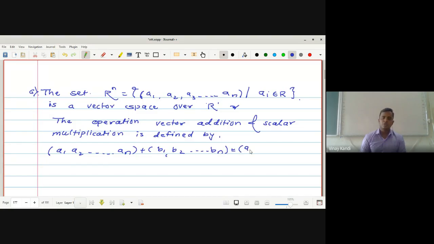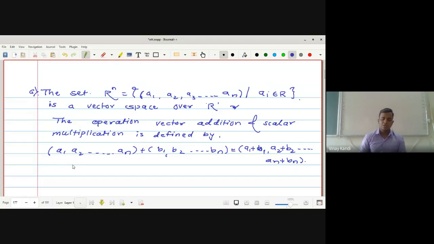This is equal to A1 plus B1, A2 plus B2 up to so on An plus Bn. So this is the addition of two vectors in Rn.